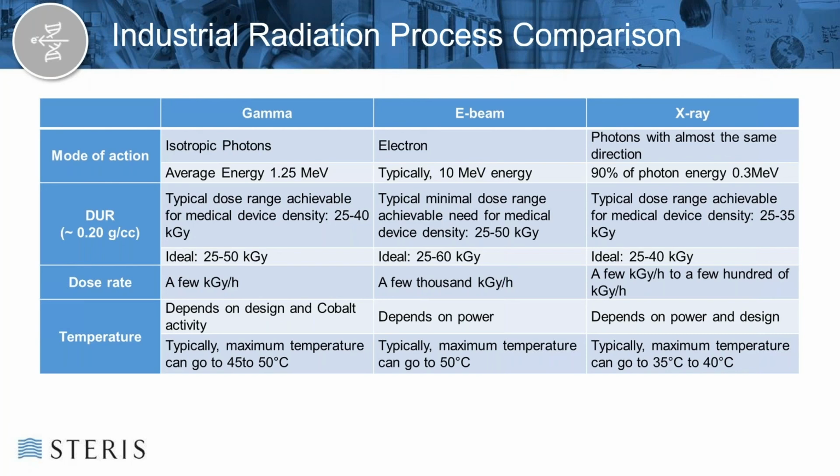And that's due to the nature of electrons penetrating material. They're charged particles. They have a mass and they distribute dose. As a result, that's a bit wider than gamma. And X-ray are the same as gamma. Effectively, they're photons, so they're massless, chargeless radiation.